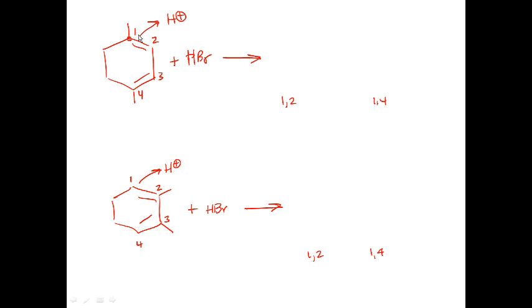Okay. So what I'd like you to do is to try and add H plus to carbon 1. You'll get a carbocation at carbon 2. Draw the resonance structures. Add the Br minus, form the 1,2 and 1,4 product. And then can you tell me, what's the thermodynamic product? What's the kinetic product?